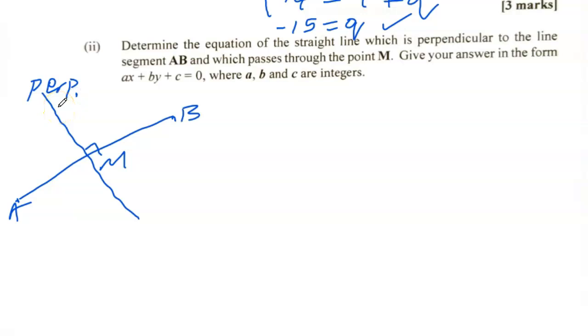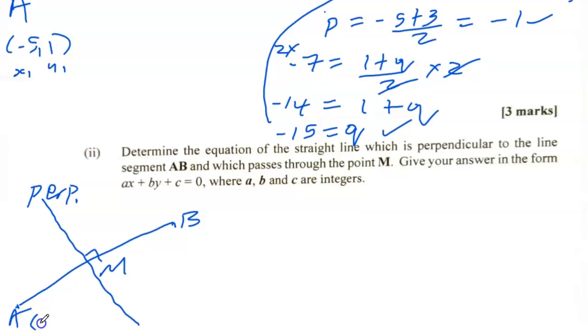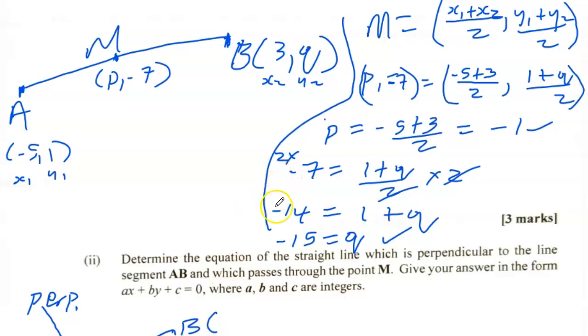Now, to get the equation of the perpendicular line, we first need the gradient. Let's remind ourselves what A was. A has coordinates minus 5, 1. And the coordinates for B were 3, q. Remember, q is minus 15. So the coordinates for B would be positive 3 and minus 15.